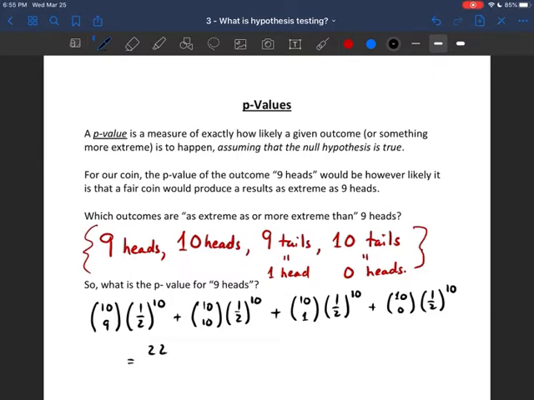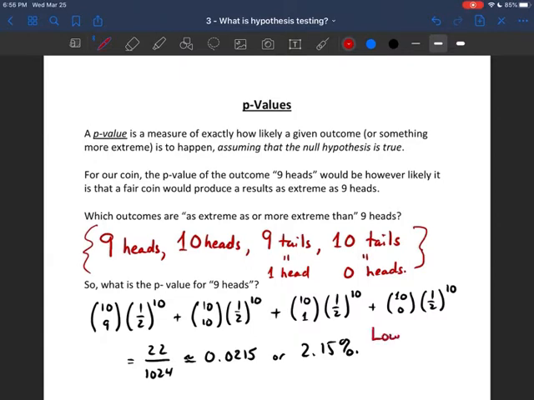So I've multiplied this out, and it turns out it comes out to 22 over 1024, which is approximately equal to 0.0215, or 2.15%. Does that seem low enough? Is that a rare enough event to reject the null hypothesis?